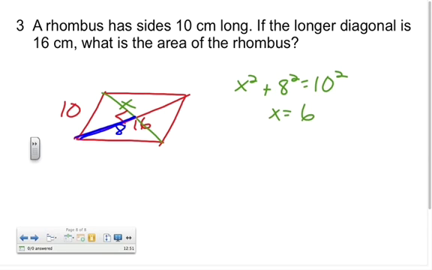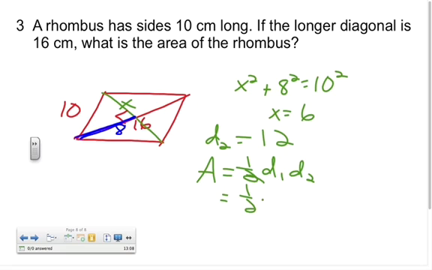And it works out nice and pretty. X ends up being 6. So what's the length of the diagonal? 12, which means I now have everything I need in order to find its area. I have 1/2 times 16 times 12, and that's 96 square centimeters.